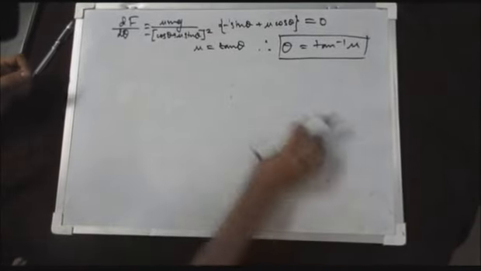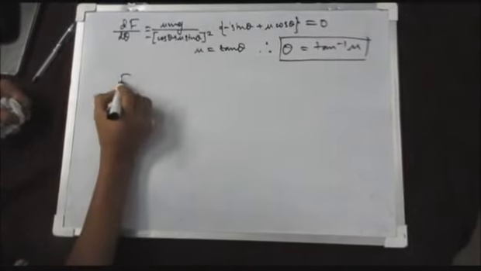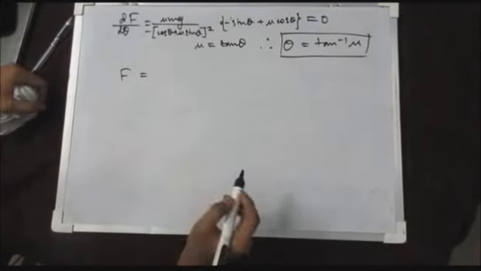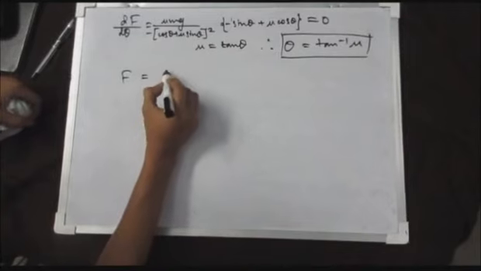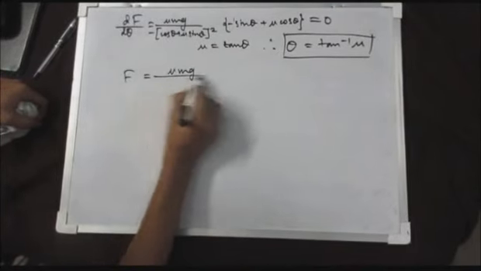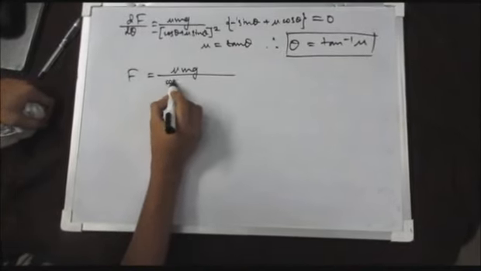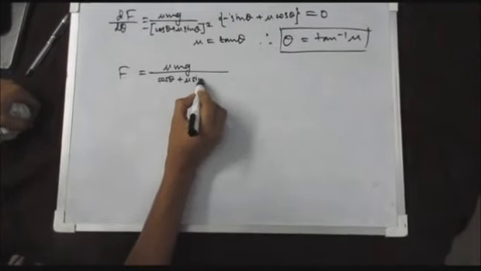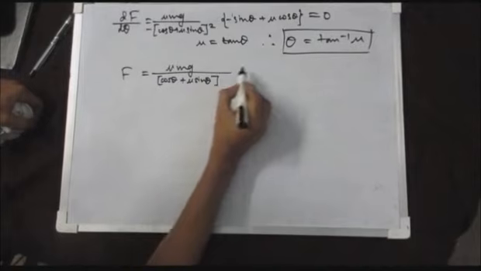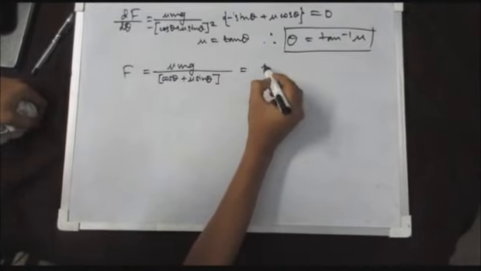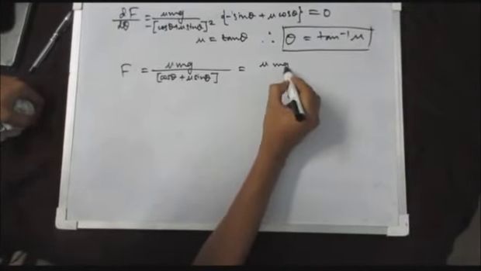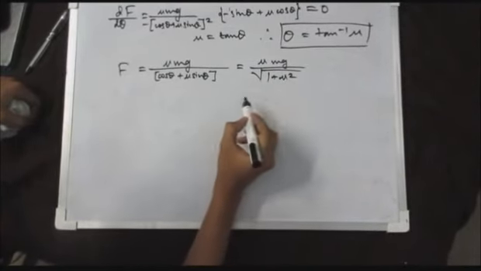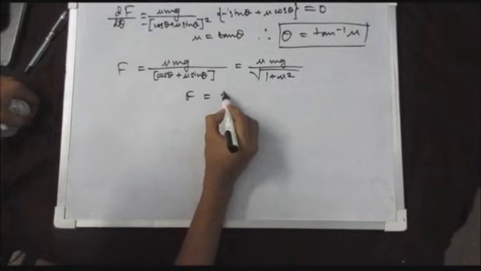The expression for force was mu mg by (cosine theta plus mu sine theta). With a little math, this turns out to be mu mg by square root of 1 plus mu squared, and voila, we have the formula for the minimum force, F min.